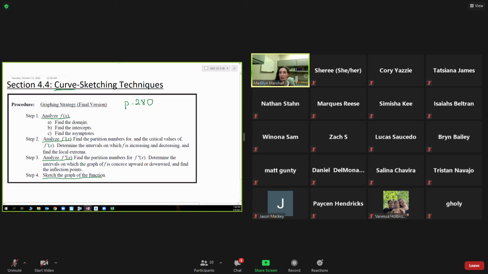And really the only difference is that it doesn't include asymptotes. So in general, we can use this curve sketching technique because it includes all of the possibilities. But if we were doing this for just a polynomial, of course, there wouldn't be asymptotes. And our domain is just all real numbers in that case.